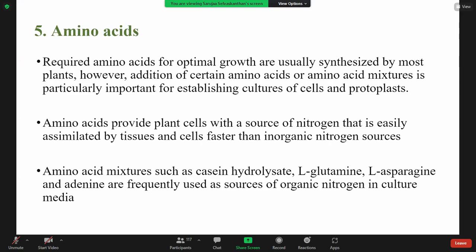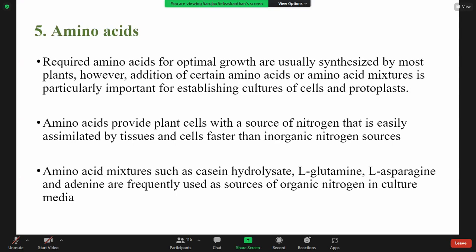If you feel we have to add more nitrogen, then we can go with amino acids, right? Casein hydrolysate, glutamine, asparagine, adenine, we can add them. They are sources of organic nitrogen.